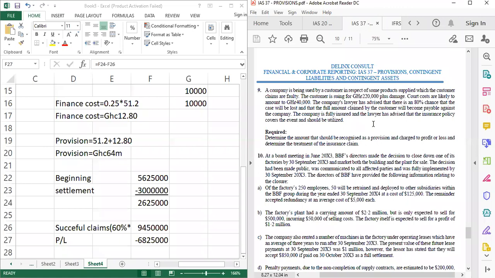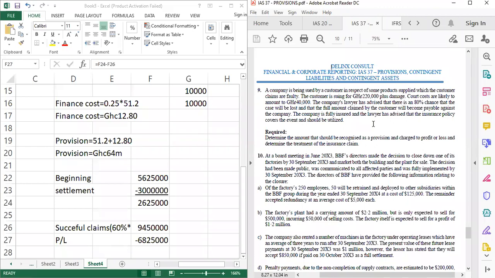Question 9. A company is being sued by a customer in respect of some product supply which the customer claims are faulty. The customer is suing for 220,000 plus damages. Court costs are likely to amount to 40,000.